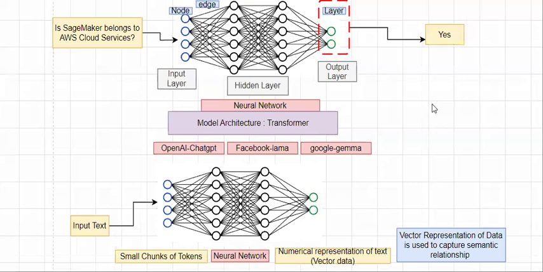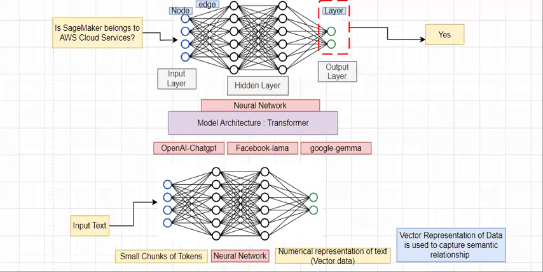Whereas in the second sentence, are you happy, happy belongs to a question type sentence. So a single word can have two variations, right?